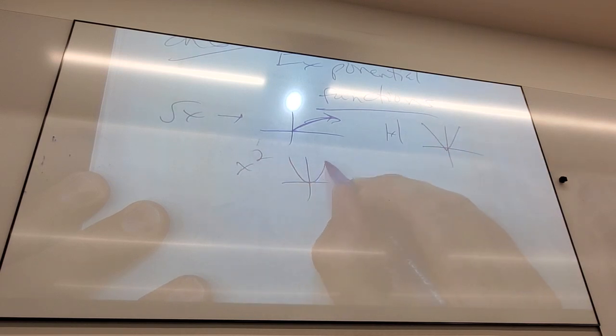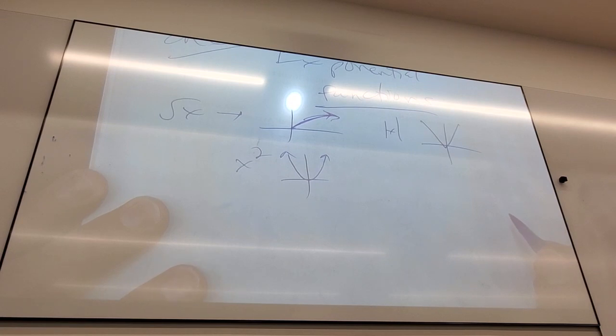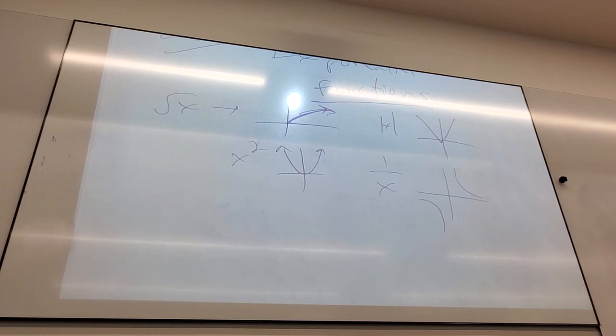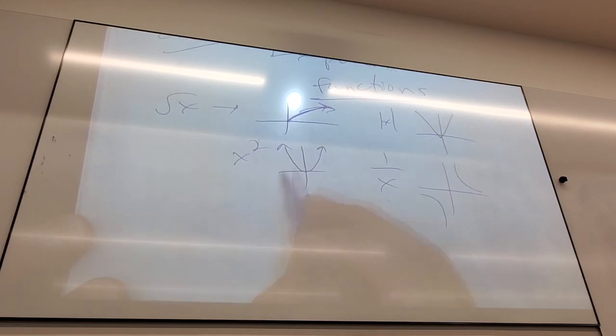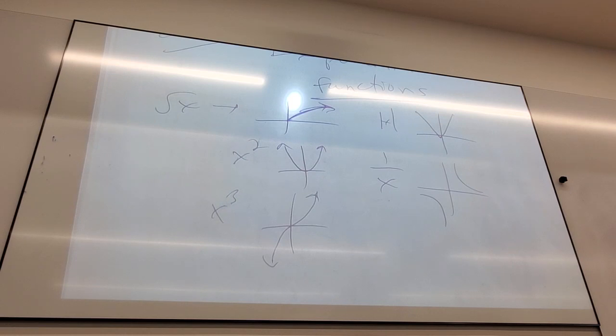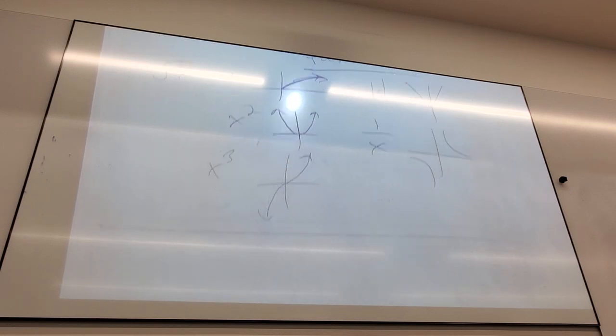They're like a U. What else do we got? Now we know what this looks like. Right? Okay. And of course we know what x cubed looks like. X to the even, x to the odd, they look like those. And that's end behavior kind of stuff, right? Okay. So we're going to add to this.